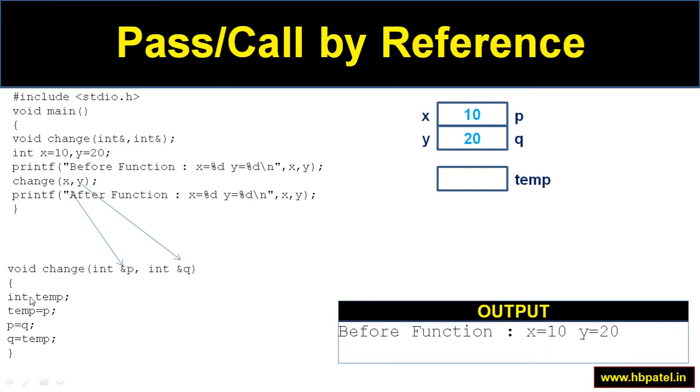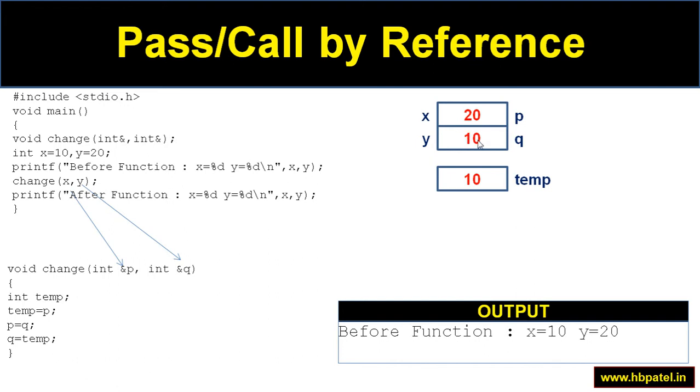So now we do have one extra variable temp, and when I put the value of p into temp, what is the value of p? That is 10. So that is copied over here. Then q is copied into p. So q is 20. So actually the change is made in x, and then temp is copied into q. So temp 10 is copied into q.